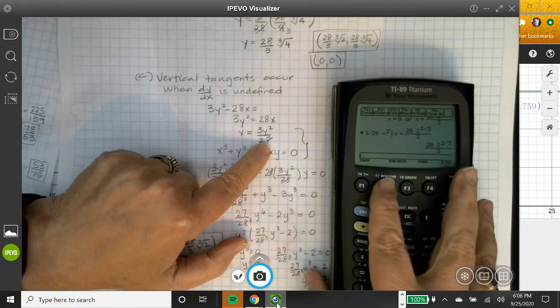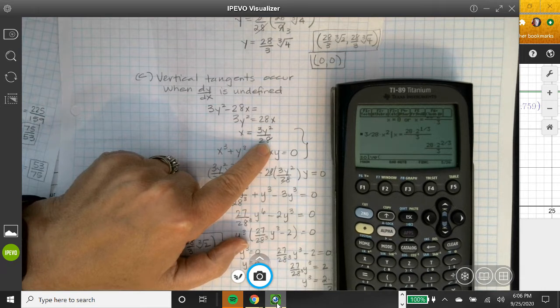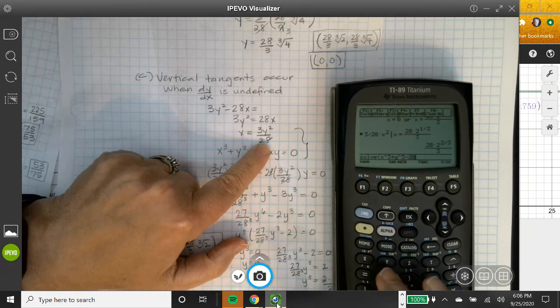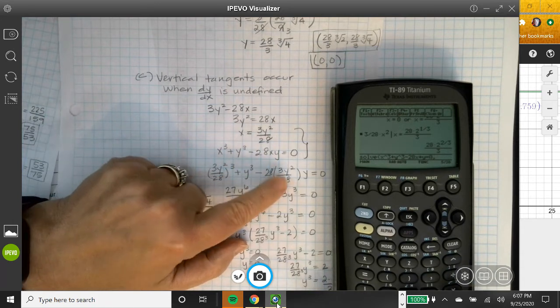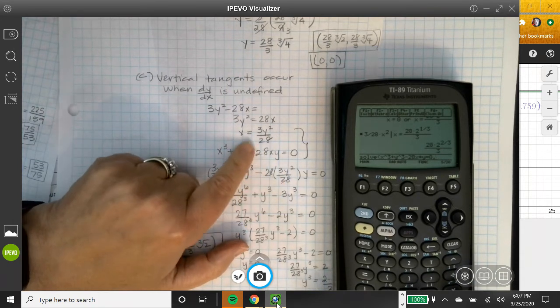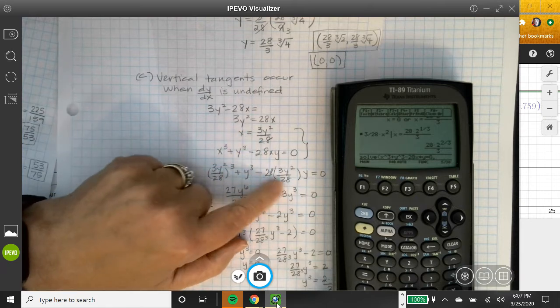We're going to hit F2 for solve, and then I'm going to type in x to the third plus y to the third minus 28x times y equals 0, comma. I'm going to solve it now for y. Remember, because when I use this substitution, I'm going to have an equation full of y.